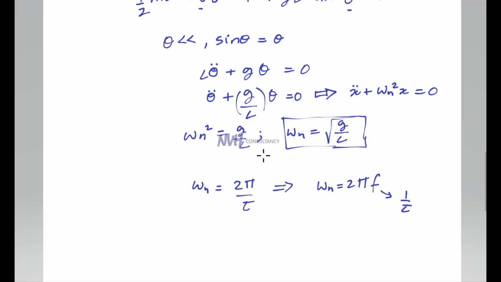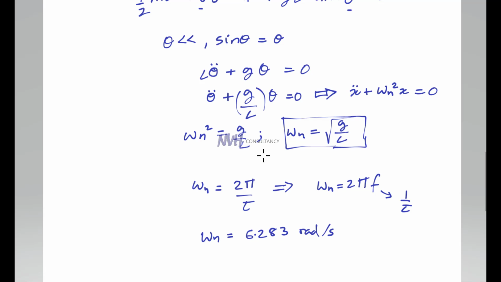And you know that the time period in our case is equal to 1 second, as given in the problem. So omega n is equal to 2 pi, which is 6.283 radians per second.